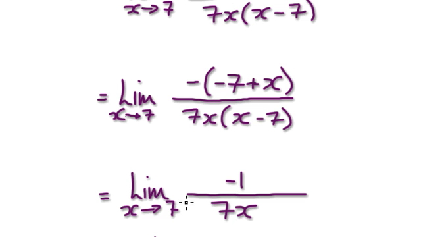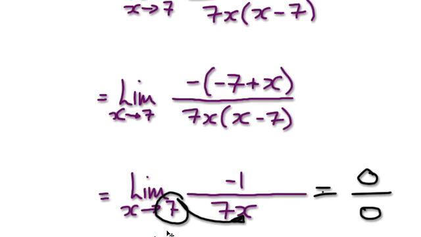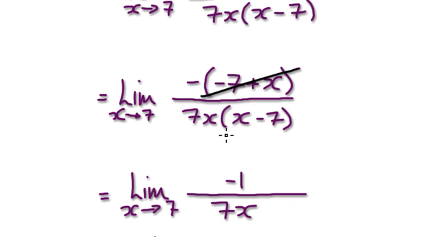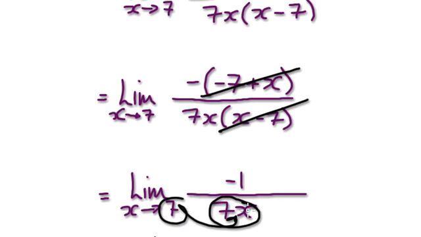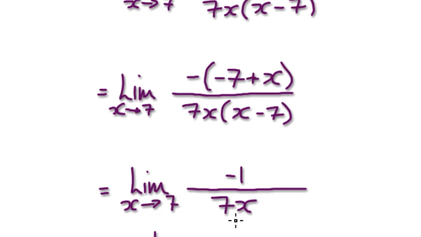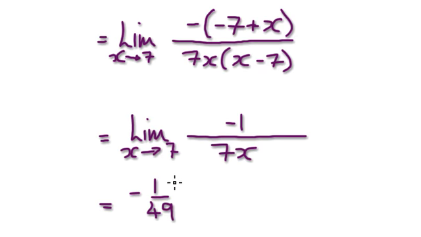So now when you put the 7 into the x here, it's not a case where you have 0 over 0. Because we used this trick, when you put this into here, it's no longer 0. The denominator is actually 49. So the answer here is negative 1 over 49.